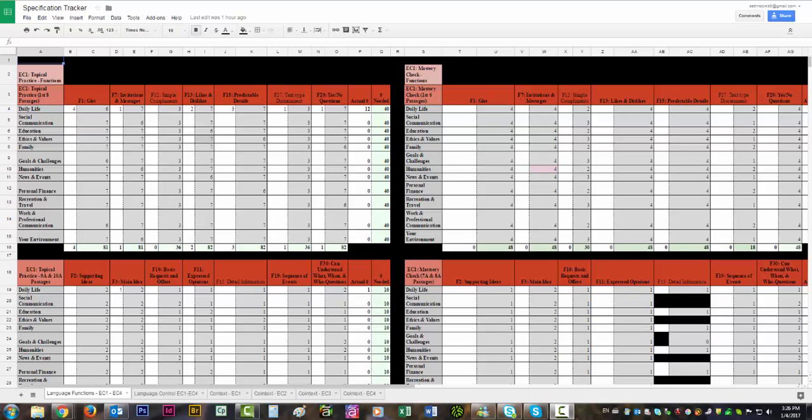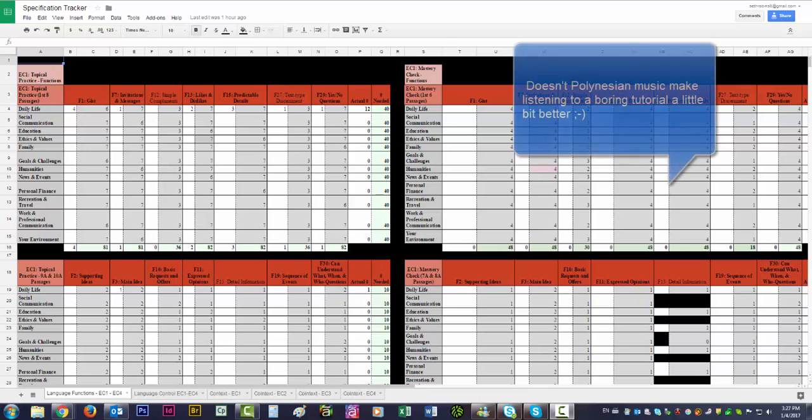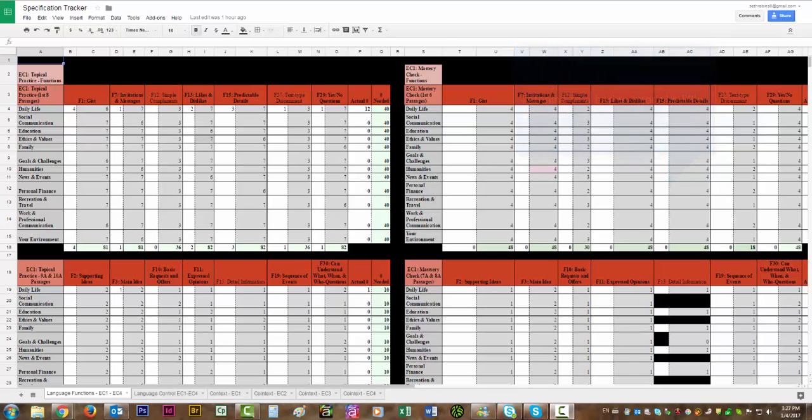This is one that's meant to help us all understand how to use the specification tracker for language functions. I know that sounds really boring, and it probably is, but I spent a lot of time really trying to make sure that the functions that we have outlined as being important for assessment purposes are being treated as equitably as possible, especially in regards to those that are weighted more heavily as compared to those that are weighted less heavily.